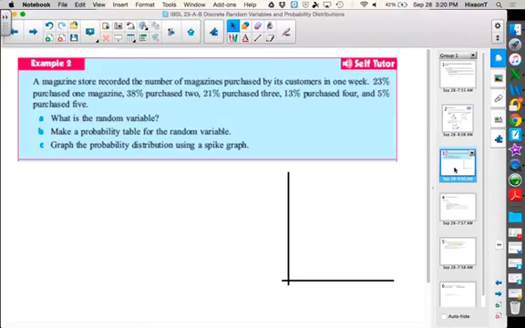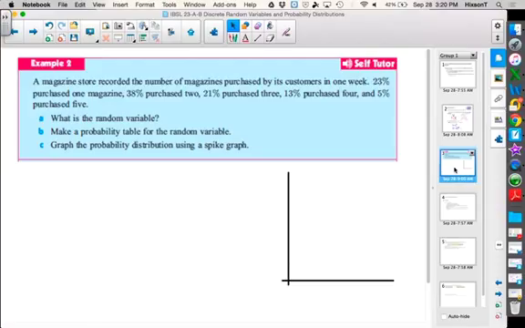Magazines? Okay, can you explain what you mean? Because the magazines are purchased. So number of customers or number of magazines? What do you guys think?